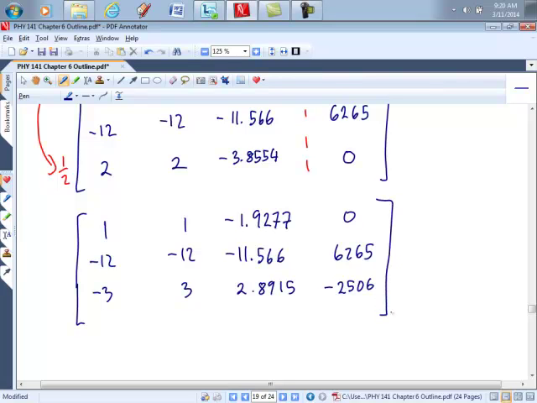All right, next step. Right, so we have our leading one. We want to have zeros below the leading one. So we're going to go 12 times the first row, add to the second. We're going to go 3 times the first row, add to the third.